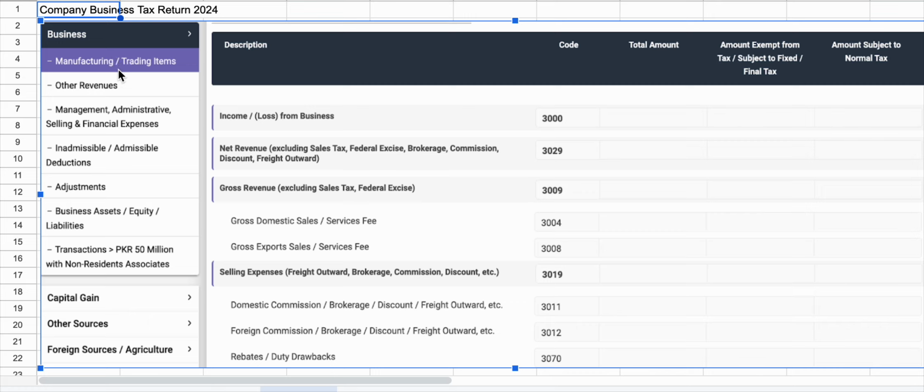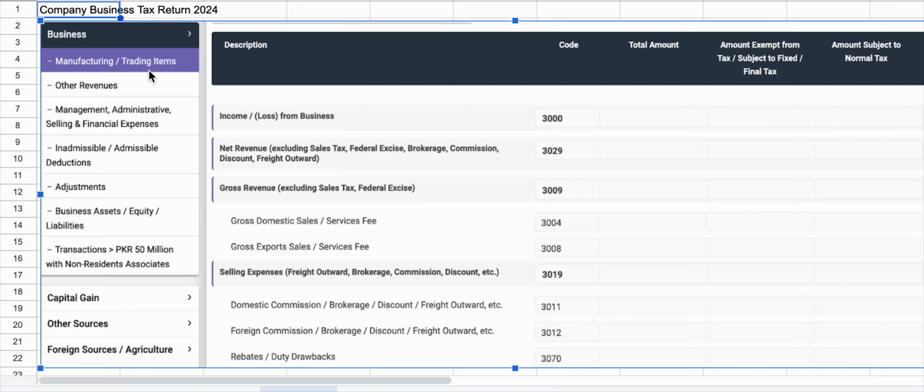So the first tab is manufacturing and trading items. But the interesting thing is that this is the tax return for tax year 2024, and they have also included service business in this manufacturing and trading. Meaning if you have a manufacturing business, you manufacture things and sell them, definitely you have to fill this out.